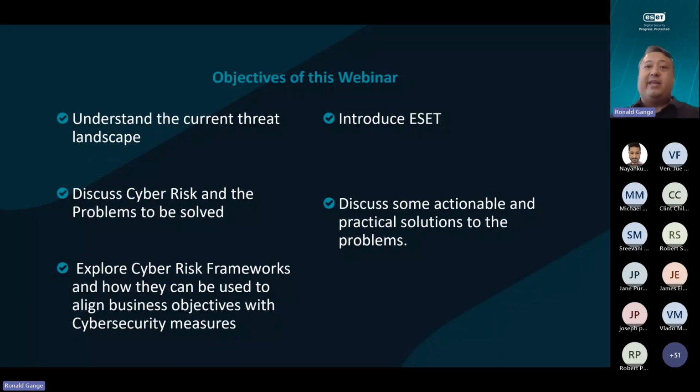We're also going to talk about ESET and what ESET can do to help, and discuss other actionable and practical solutions to solve for the problems posed by these cyber threats.